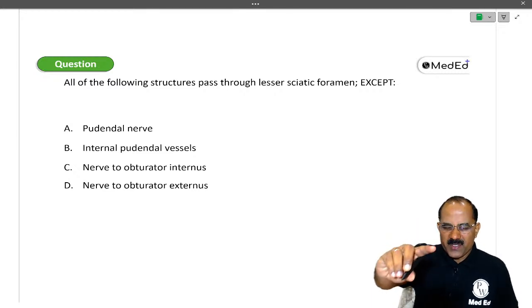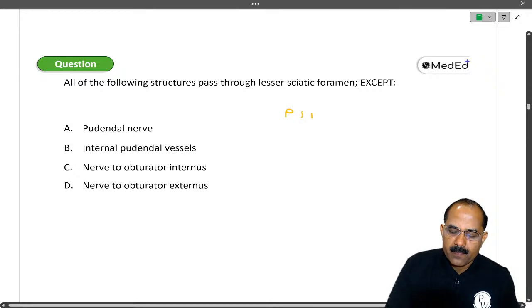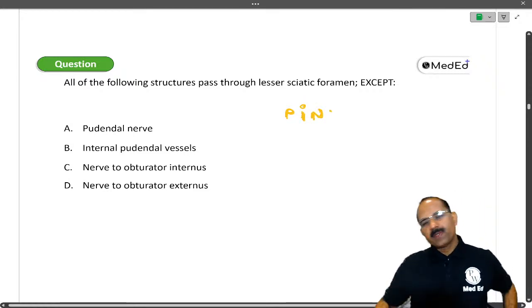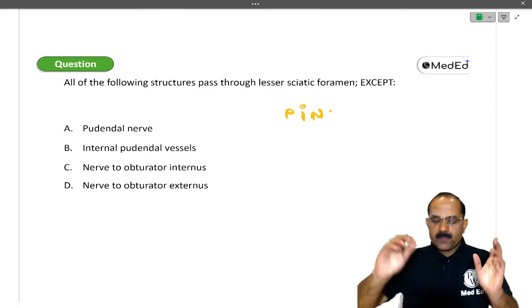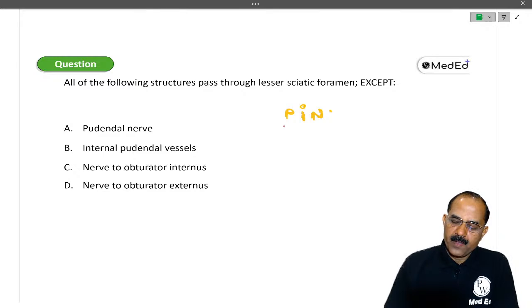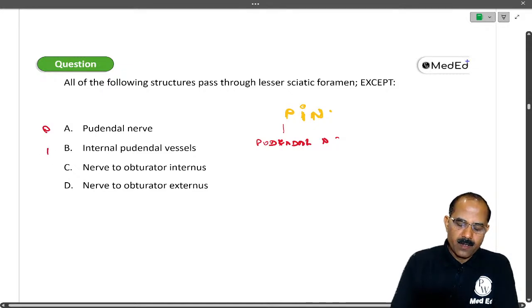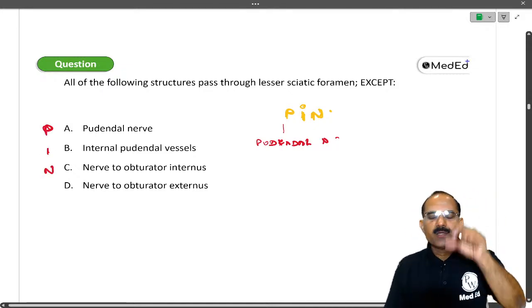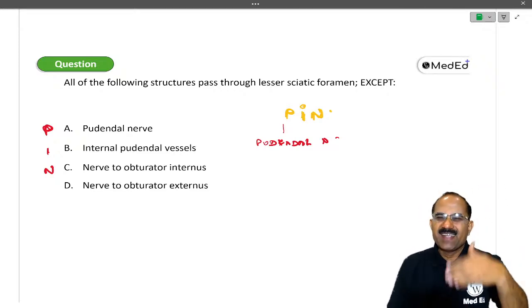बस एक याद रखना बच्चों, एक चीज याद रखना, ये याद रखिए, पिन, PIN. What is this P? ये निमोनिक याद रखना, PIN. What is P? P is pudendal nerve. ये है पिन. P is pudendal nerve, I is internal pudendal vessels, and N is nerve to obturator internus.